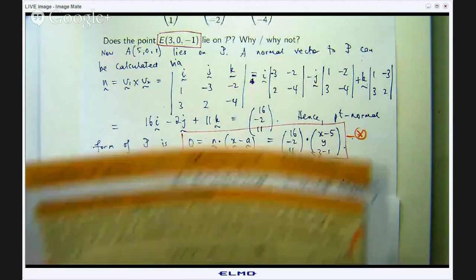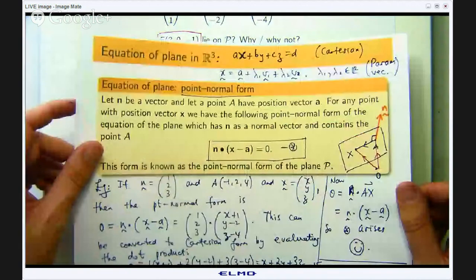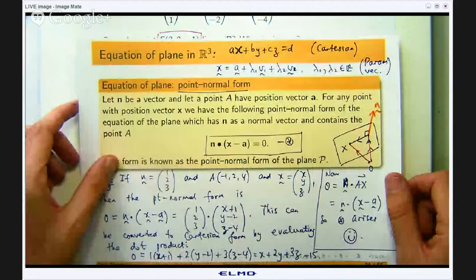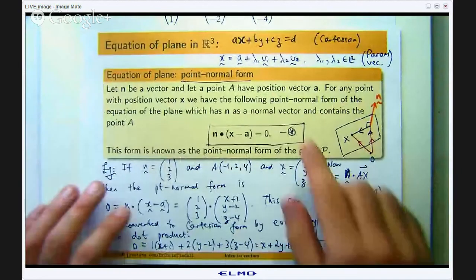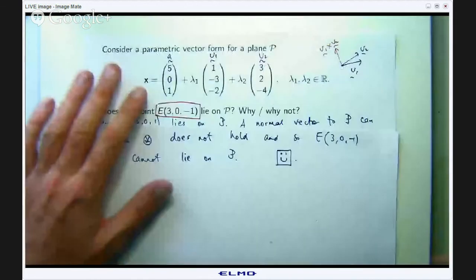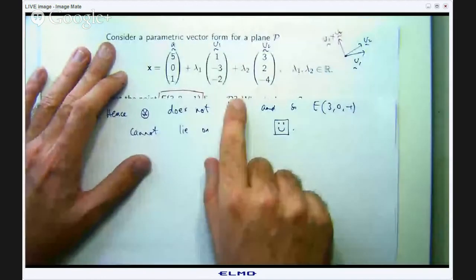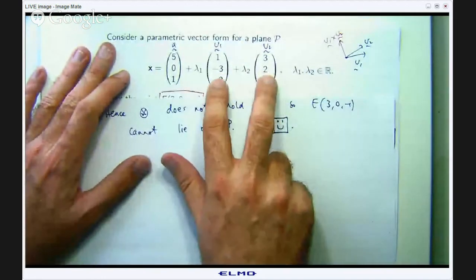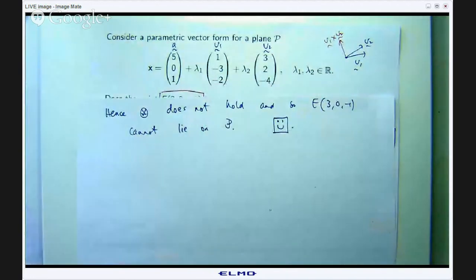But let me go back to what I said before about how to produce a normal vector. When you're given a parametric vector form, it's easy to produce a normal vector. You just take the two vectors v1 and v2 and cross them together.